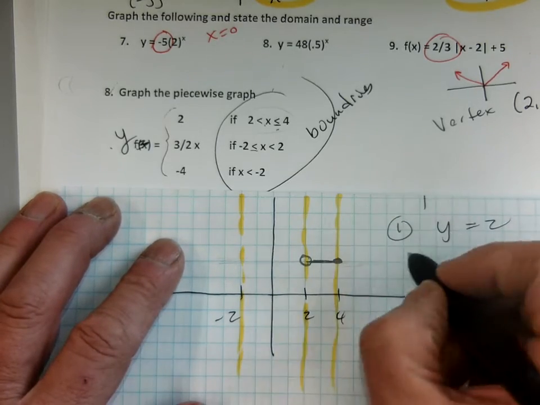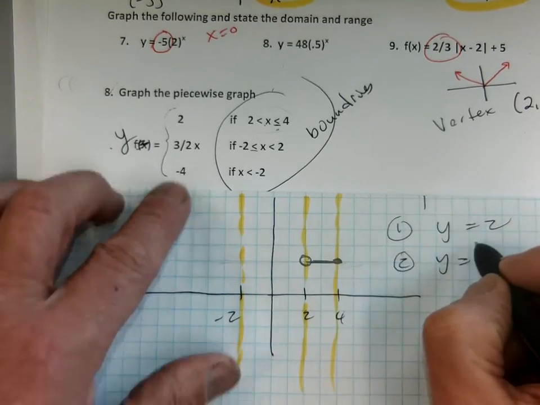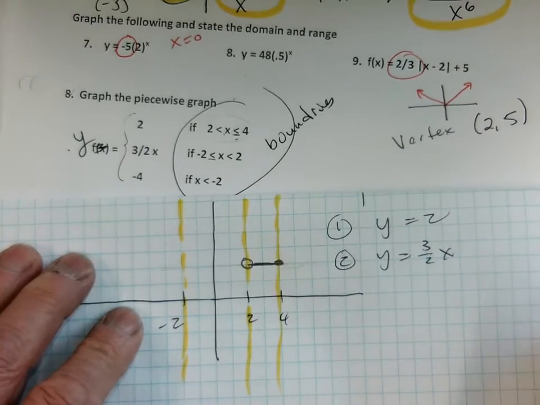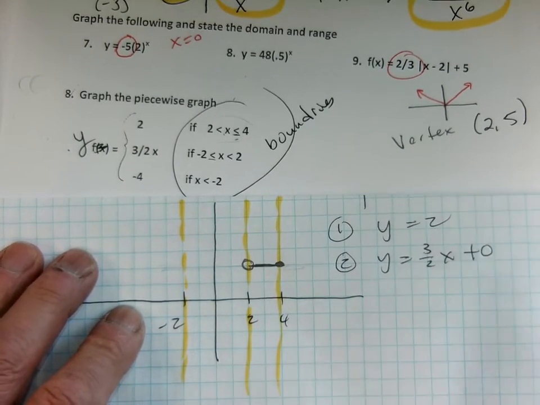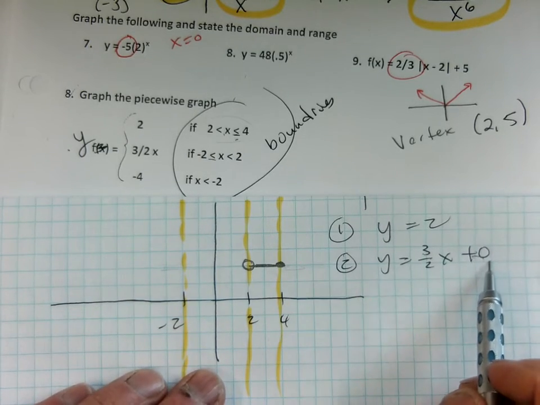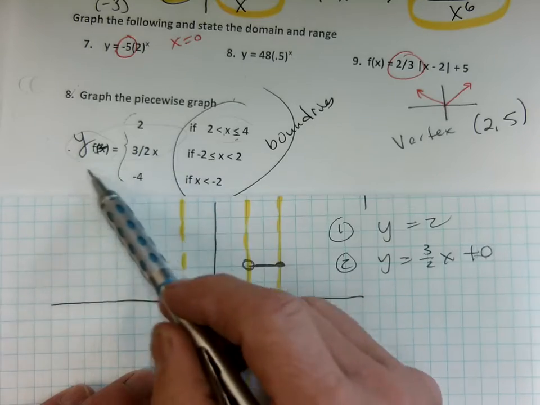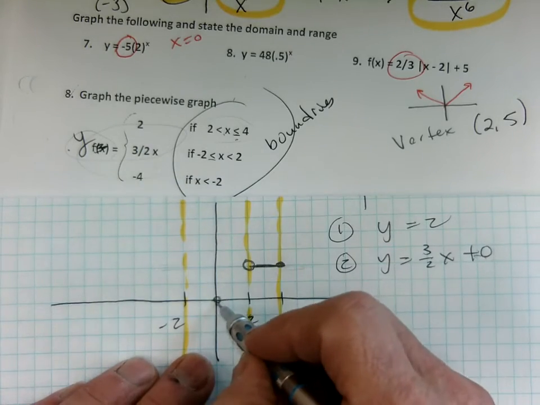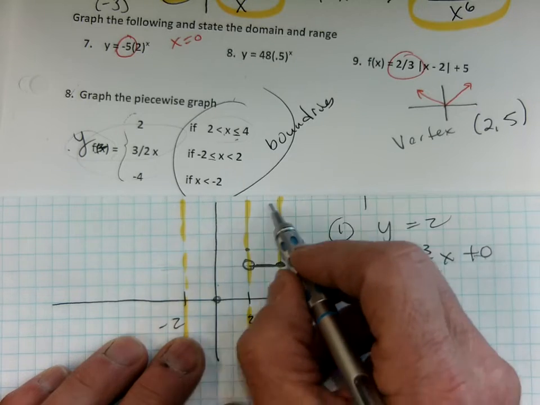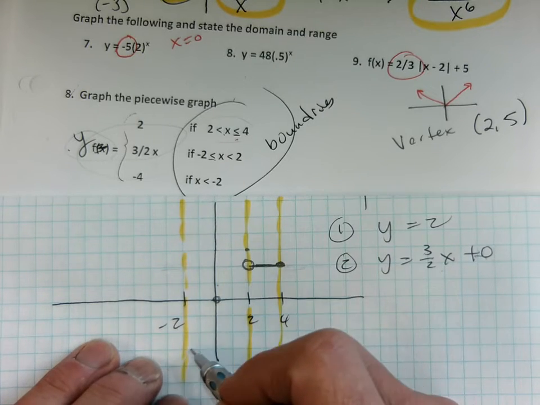Graph 2 is y equals 3/2 x. All right, I'm going to put an invisible number in that helped me, plus 0. It just tells me the y-intercept. So graph 2, y equals 3/2 x. I start at 0, and we're going to go up 3, 1, 2, 3, over 2. Up 3 over 2, but down 3, back 2.